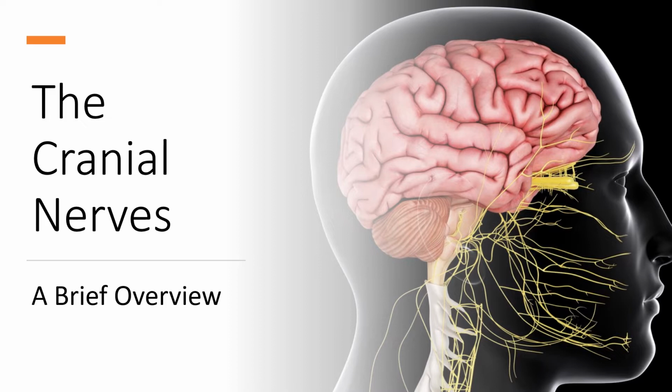Okay, so let's begin. To start, we have to first draw the brain, and deep inside the brain, you have the midbrain, you have the pons, you have the medulla.